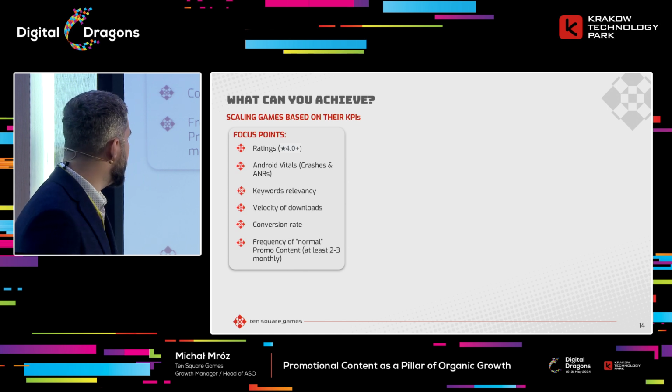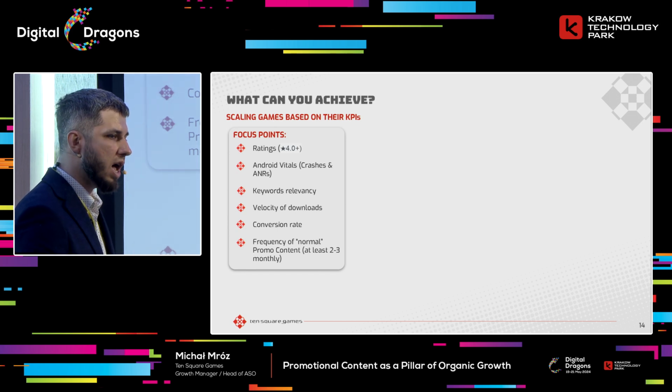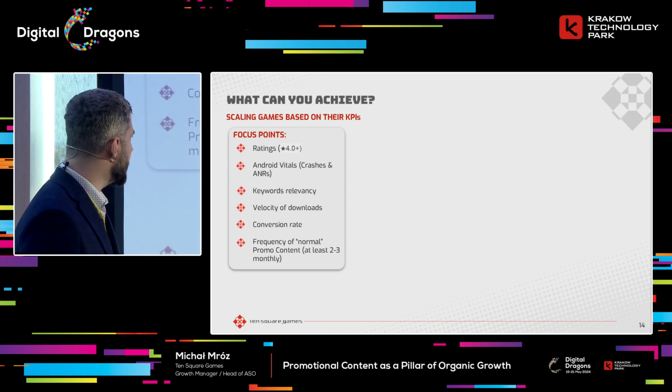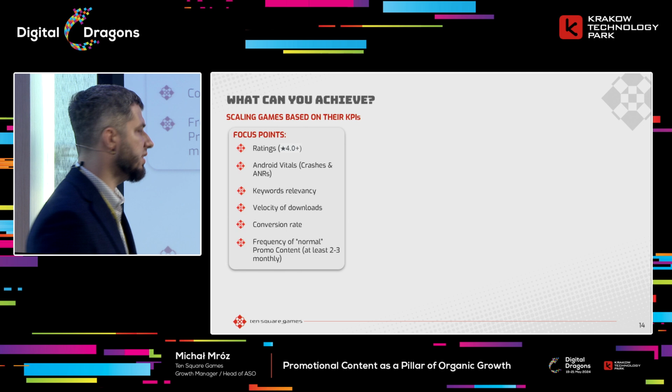Of course, velocity of downloads is also important. The more downloads you have, the more you can signal to the algorithm that something cool is happening with your game, the better. And it's crucial to also have a good conversion rate, because of course, if you have 3%, it's quite hard to convert to downloads, and it's much easier when you have a 30% conversion rate.